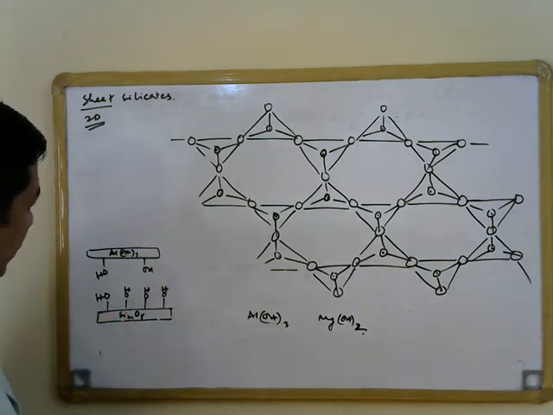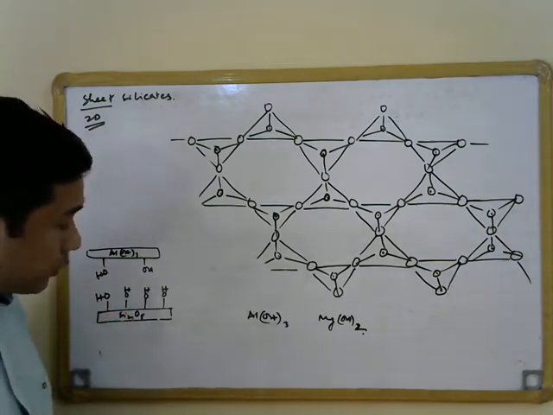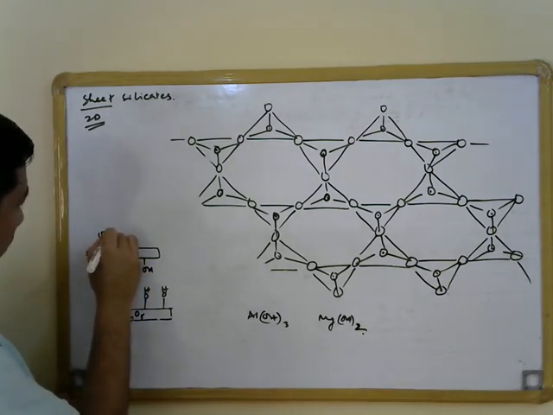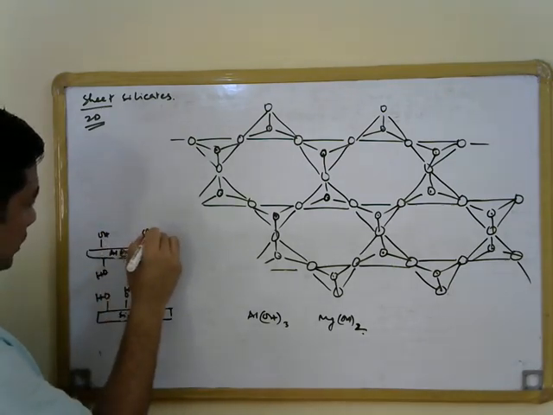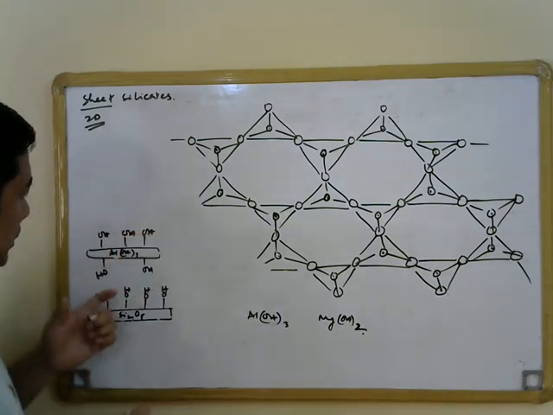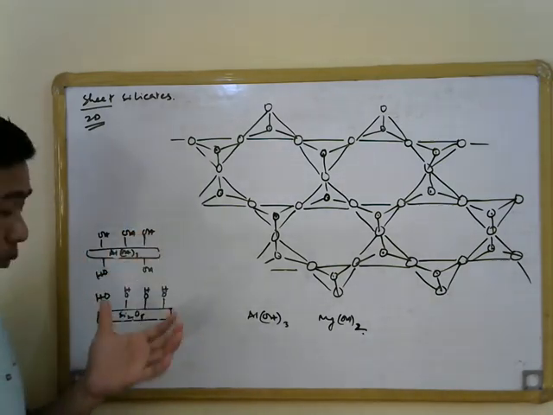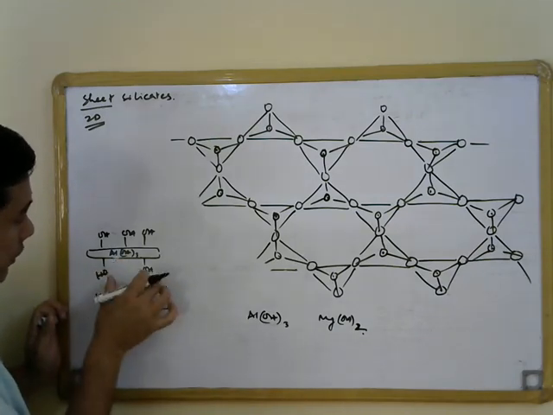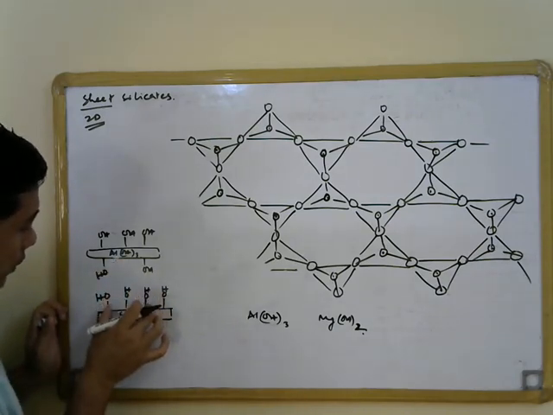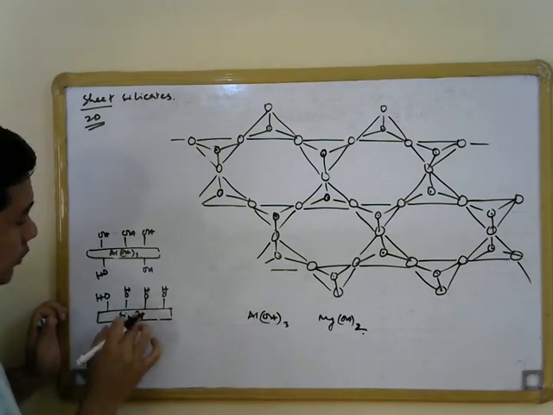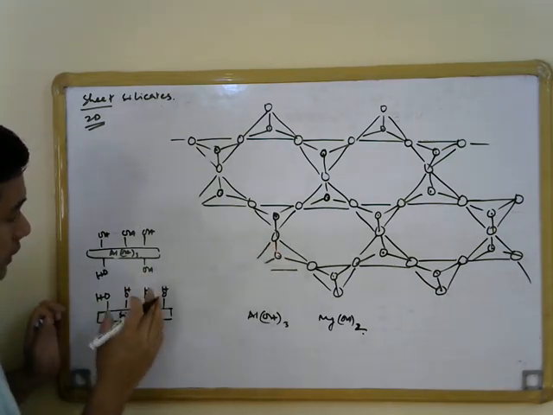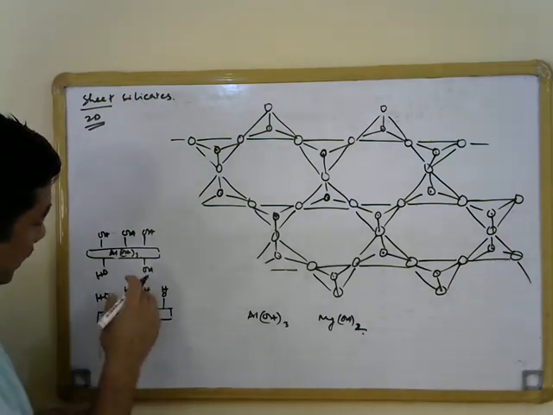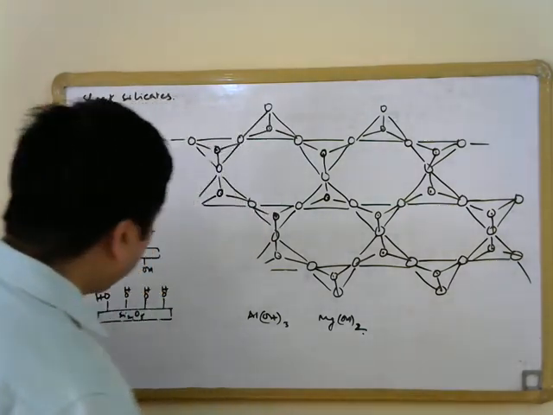So what can be done is that we do condensation. We have to remember that the OH groups in Al(OH)3 are present on both sides, while some of the OH groups on Al(OH)3 are going to lie exactly on top of OH groups present in this sheet silicate structure. So when we do condensation, these OH groups are going to get condensed.